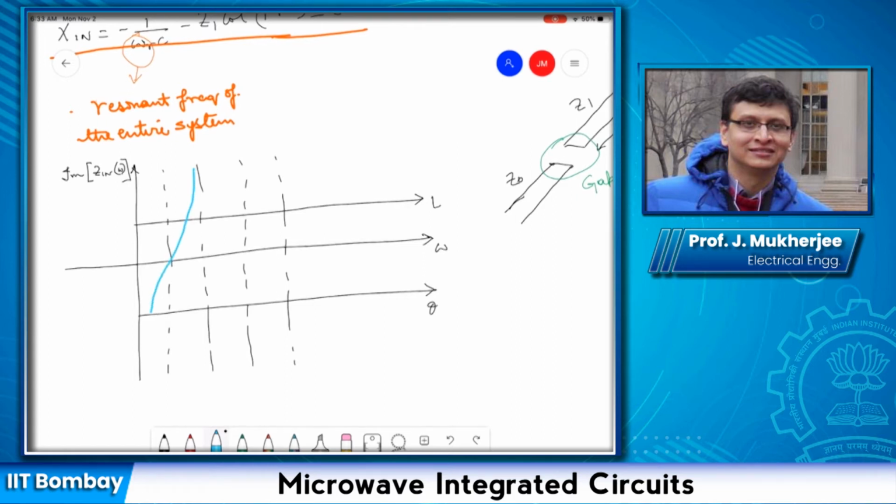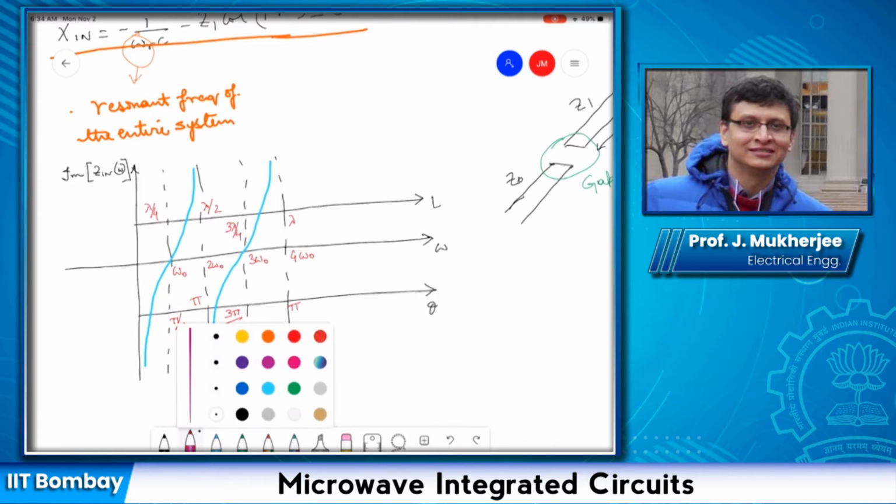Something like a tan curve. These characteristics are purely for the open circuit resonator, and if we also plot the characteristics of just the capacitor, it will be something like this.